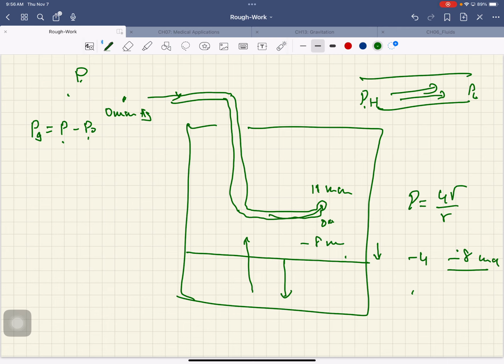Okay, 11 minus 8, that's still +3. You can't have air coming in. That's still higher than atmospheric pressure. You have trouble inflating your alveoli. So the only thing to do is you have to pump air at higher pressure. Okay, so they have to have breathing machines.